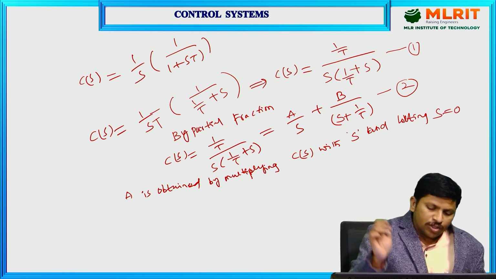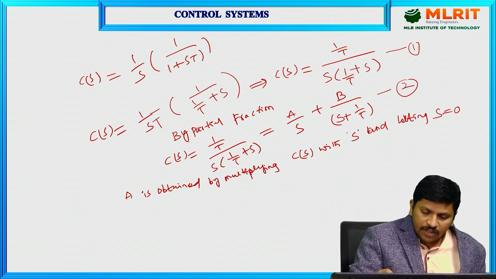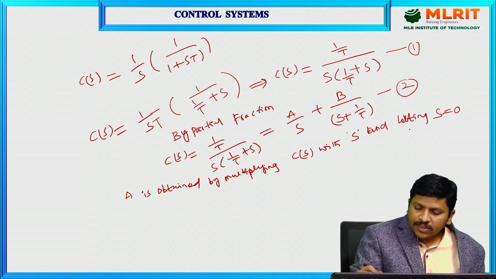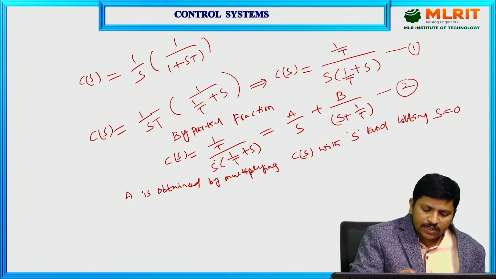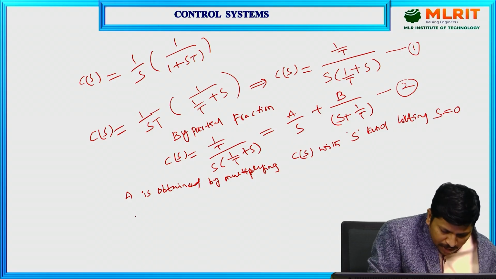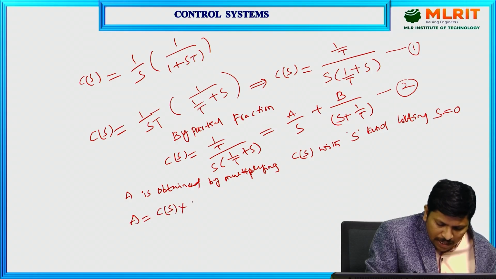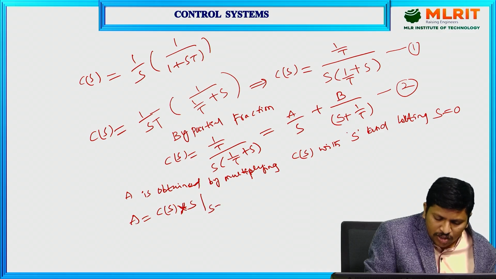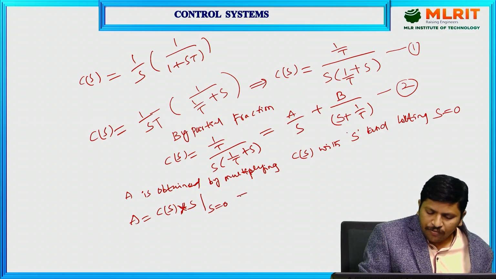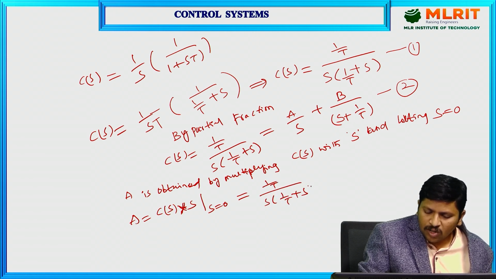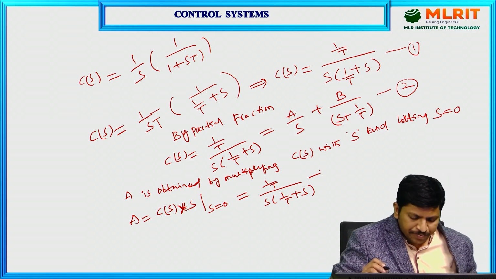The denominator of the A term is only s, so we multiply C of s with s and substitute s equals 0, then we get the A value. A equals C of s multiplied by s, with s tending to 0. Here we know C of s is 1 by T divided by s into (s plus 1 by T).